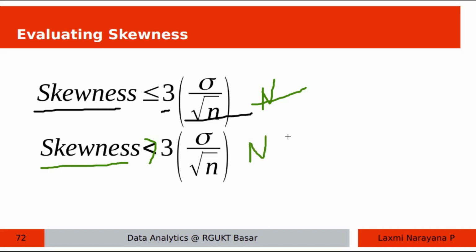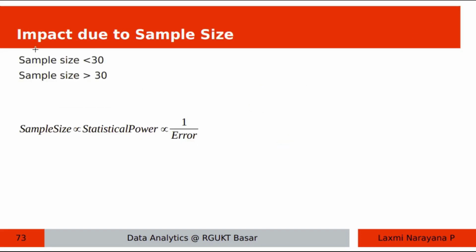Impact due to sample size. Sample size will also impact the normality. In small samples, means less than 30, data may not follow normal distribution. The sample of size greater than 200 will follow normal distribution.